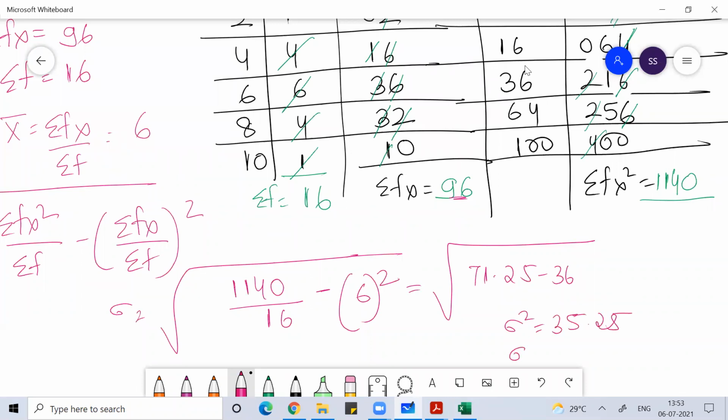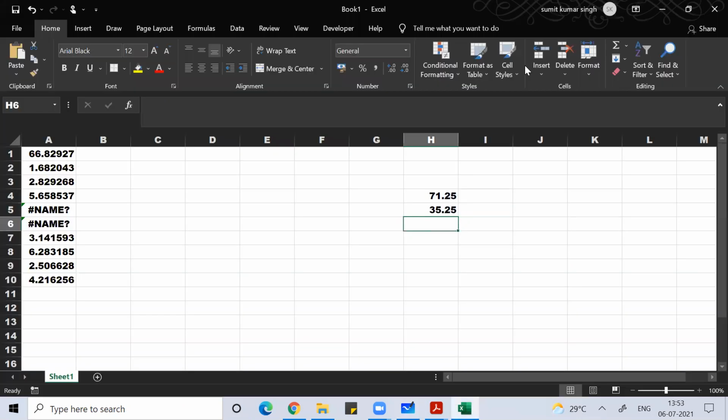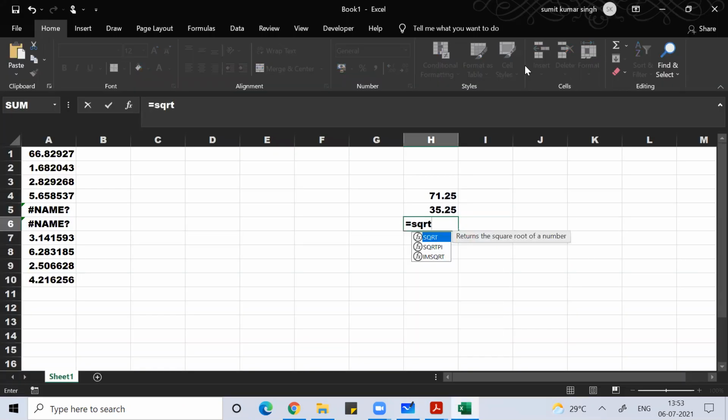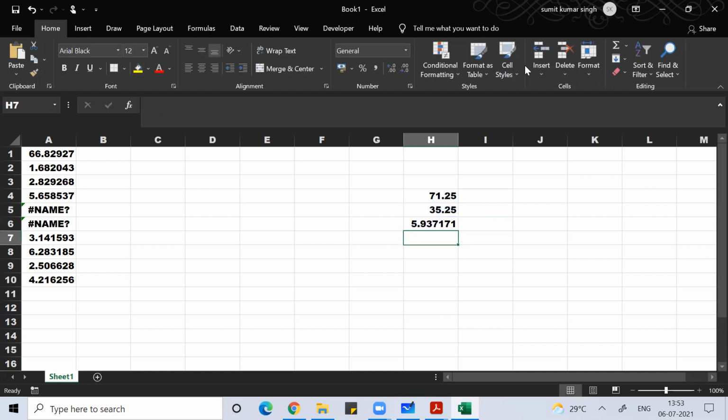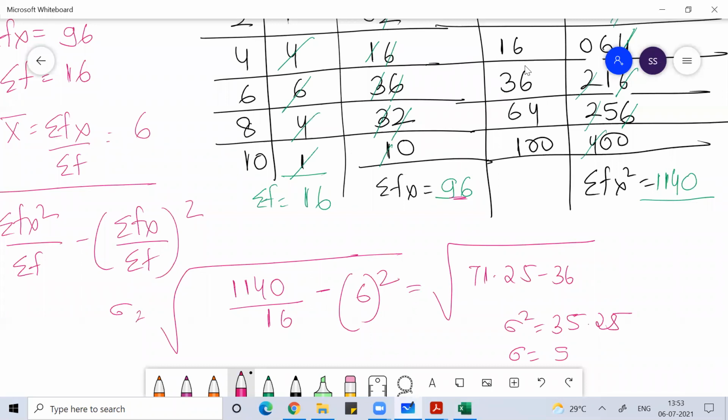Do the square root of that and that will give you the standard deviation. 5.9 something you'll get, 5.937. That is your standard deviation.